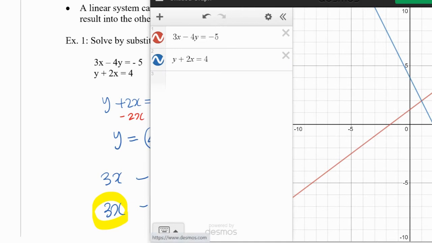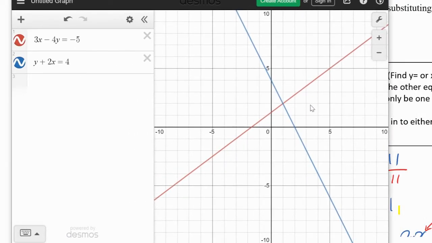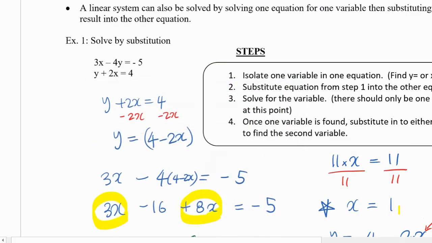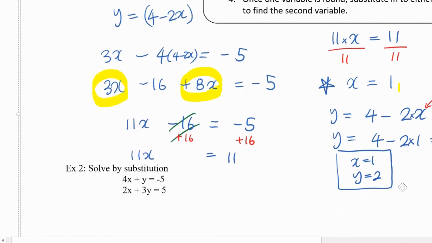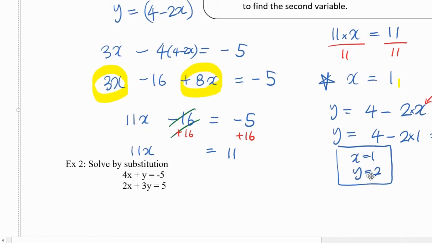Here, if you look at this, where are they intersecting? They're intersecting here. X value is 1 and y value is 2. X equals 1, y equals 2. And the answer was x equals 1 and y equals 2, like this, right?